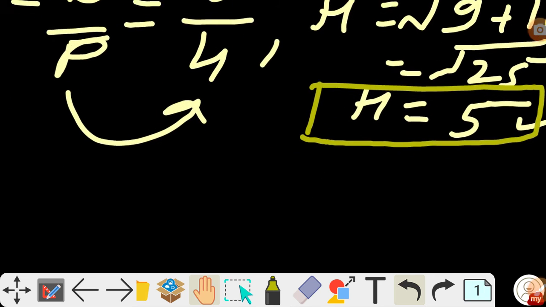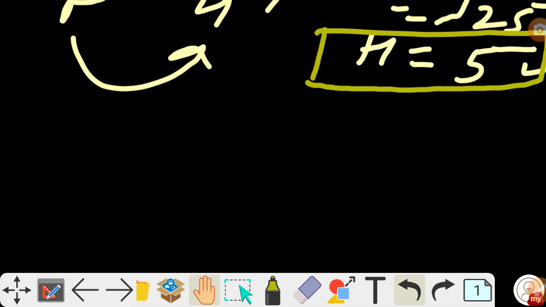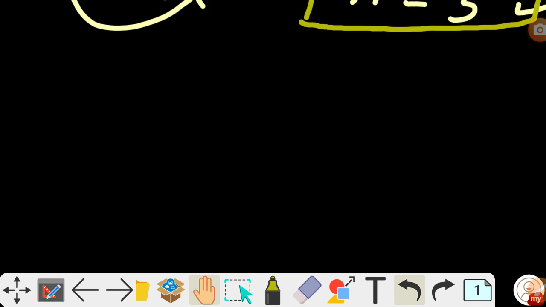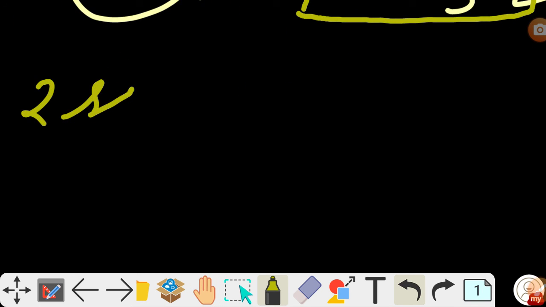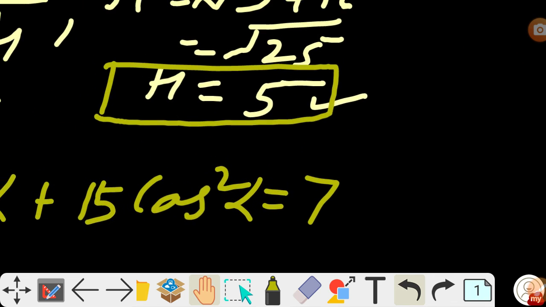So put the value in 2 sin alpha plus 15 cos square alpha equal to 7. Sin alpha is perpendicular upon hypotenuse.